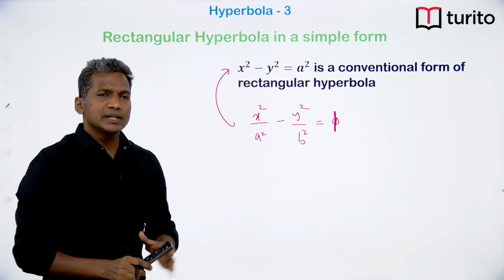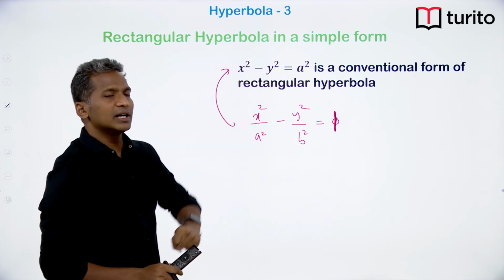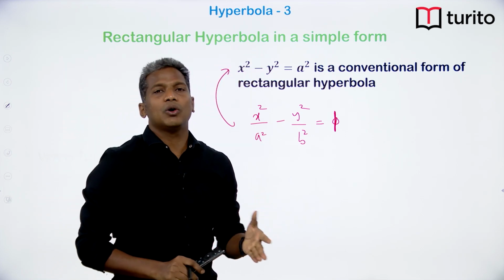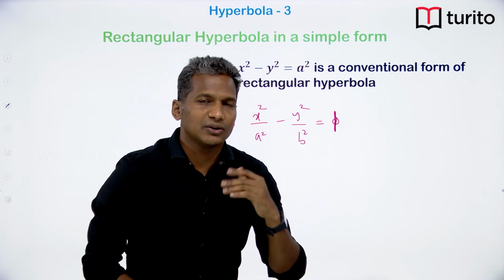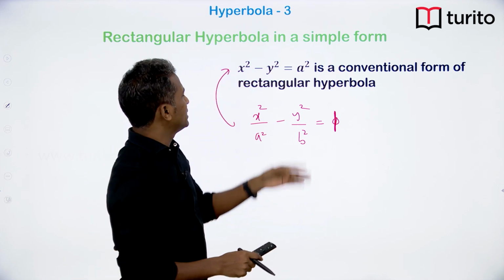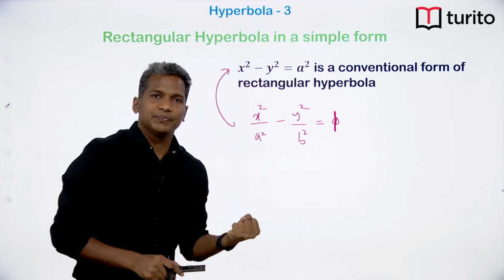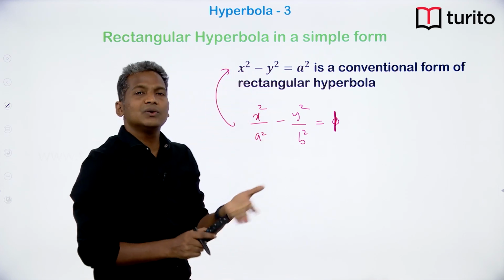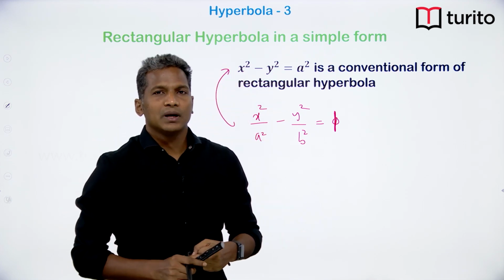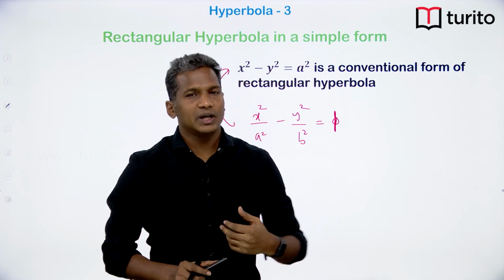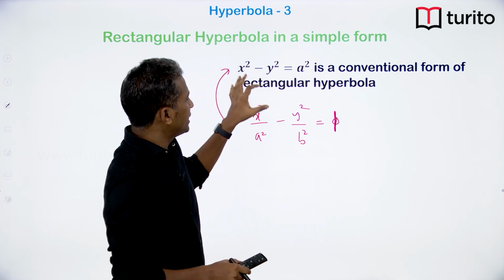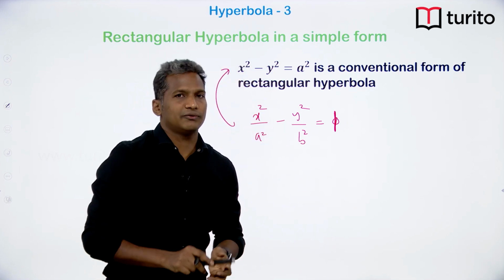In general we can say that x square minus y square equal to constant will always give us one rectangular hyperbola. So, this is a normal hyperbola only. When we look at this equation, it looks like a normal hyperbola only. Of course, there is one special form that we will study a little later, but this also becomes one conventional form.